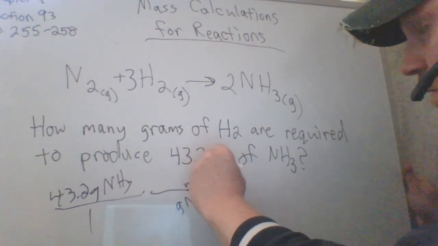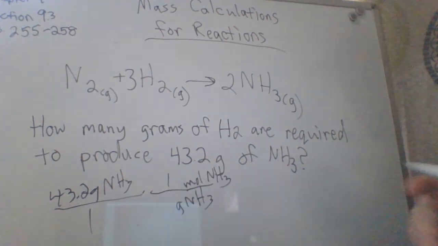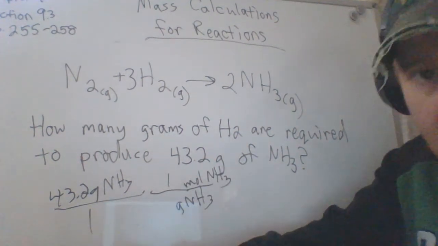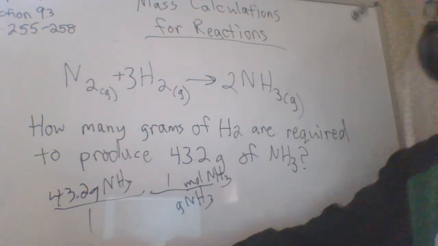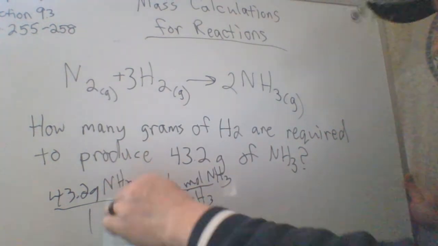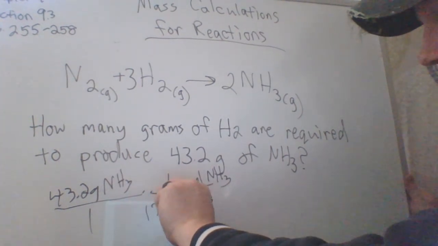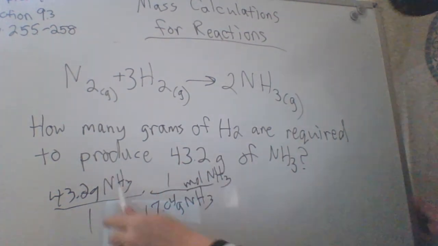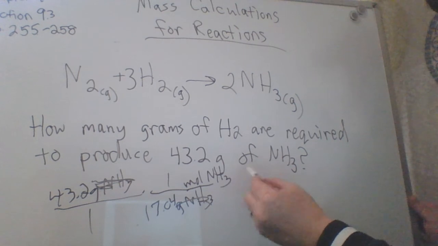We're going to use the molar mass. For every 1 mole of NH3, we can look that up on Google. I'm going to do that right now. I think I know what it is in my head, but I want to double check. Yeah, I had that in my head: 17.04 grams per mole. We can cancel out the grams. We now have moles of NH3.